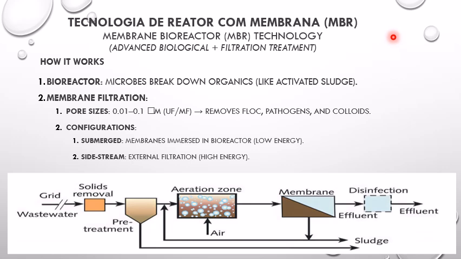It combines the biological treatment with ultrafine membrane filtration to produce high quality treated water. It uses microbes, just like the traditional method, to break down waste like the activated sludge, and membranes to physically filter out even tiny particles, pathogens, and sludge.